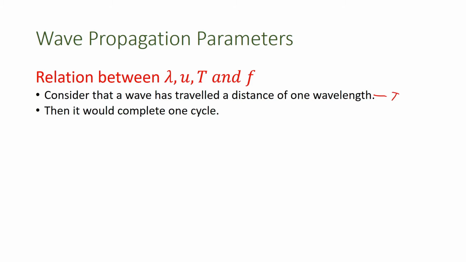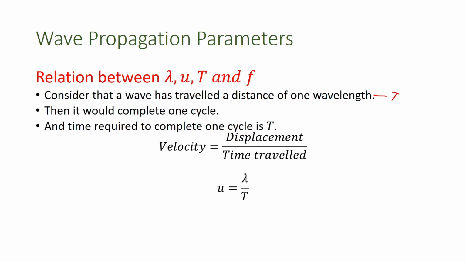The time taken to complete 1 cycle is capital T. Then, according to the definition, the velocity is displacement by time period, therefore lambda by capital T. I can also write this to be equals to lambda times 1 by capital T, where 1 by T is the frequency f. Therefore, I can write this to be equal to lambda times f. U equals to lambda f. This is a very famous result we will be using most commonly.